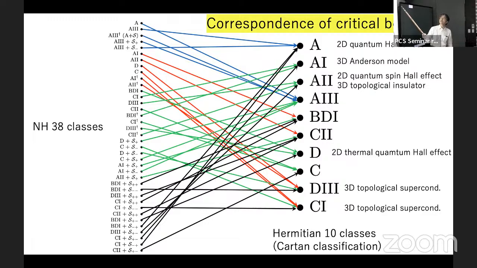As you know, one Hermitian symmetry class has, for example, 1, 2, 3, 4, 5 counterparts. So these 5 classes leading to the same symmetry class of Hermitian system share the same critical behavior. And that's why I say superuniversality. So this is in terms of only critical behavior, but critical behavior and topological behavior are the same.